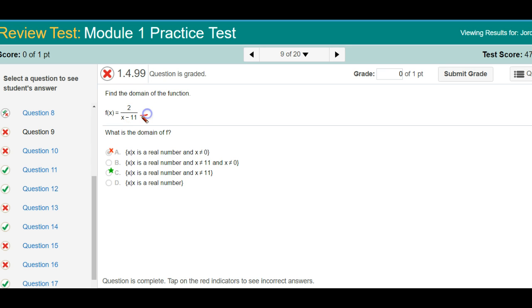So if you just set this equal to 0, you then get that x equals 11. So if x were 11, it would make this denominator a 0. So it's all real numbers, but x cannot be equal to 11. Again, this is your answer.